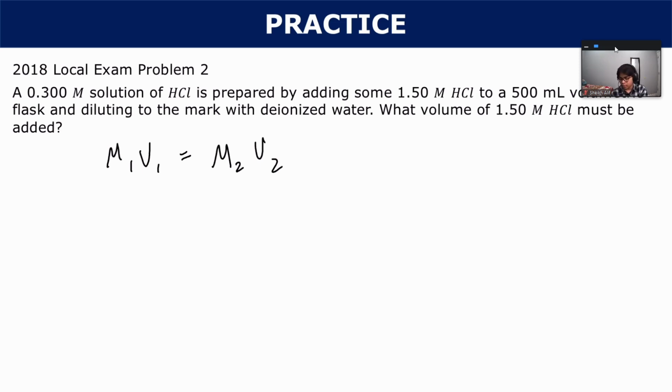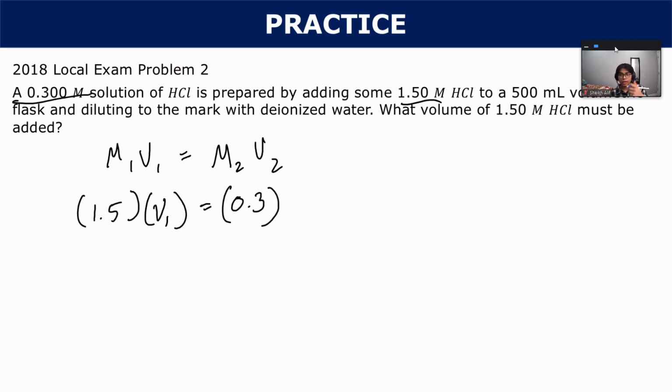So what do we know? We know that our initial molarity is 1.50, and we don't know our initial volume, so we can just leave that as V1. M2 is going to be 0.3 M, because that's the concentration that we're trying to get. And our V2 is told right here: a 500 milliliter volumetric flask diluted to the mark with deionized water.